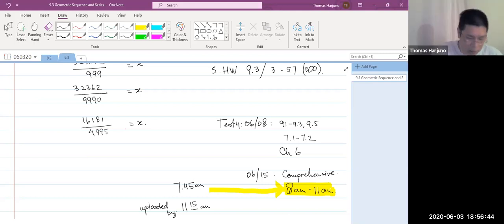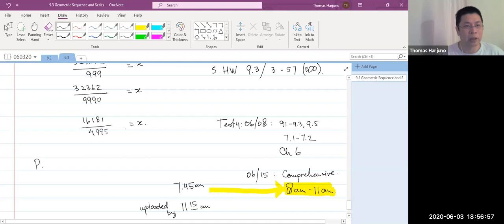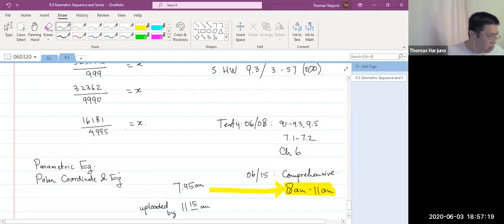Okay, I know there are some materials I didn't cover, which I was supposed to, but I also know those materials are something you can study again later. Those are parametric equations, polar coordinate system and polar equations, and then conic sections.